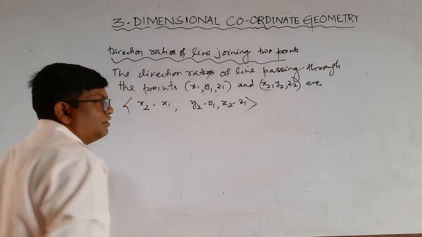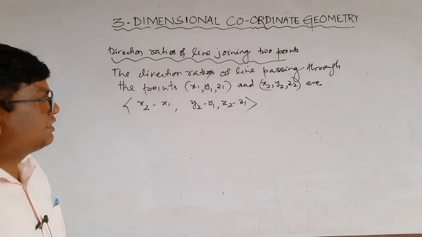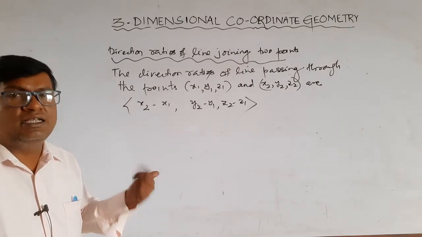This is the formula to find the direction ratios of a line if 2 points are given.